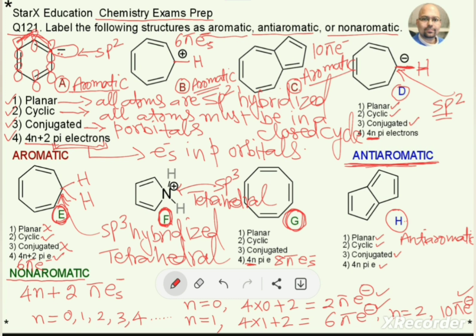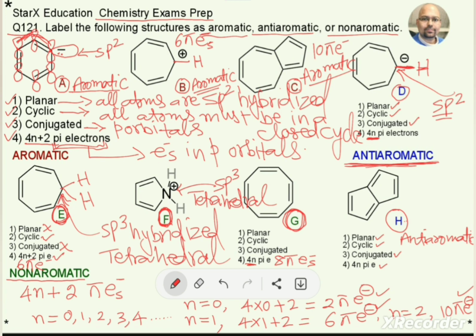So now let's recap the main points in this lesson. Any species, if you want to classify it as aromatic, must fulfill the 4 criteria. It's got to be planar, cyclic, and there must be 4n plus 2 pi electrons in conjugation.